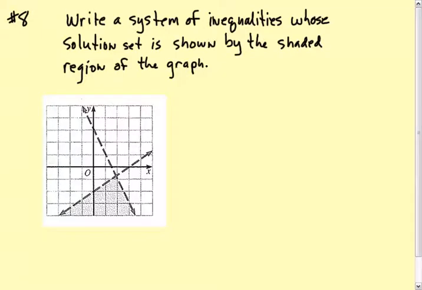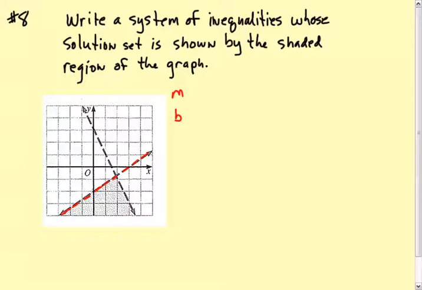All right, let's see. Write a system of inequalities whose solution set is shown by the shaded region of the graph. Okay, so that means we just need to write the two inequalities for these lines, okay? I'm going to take this one first. I'll do it in red, okay? Remember, I need the slope and the y-intercept.